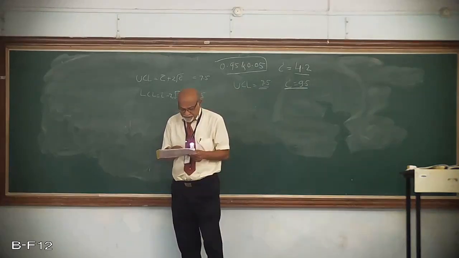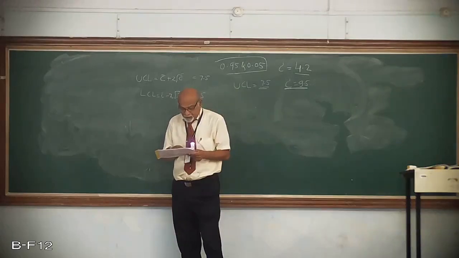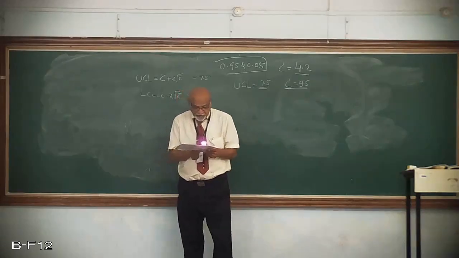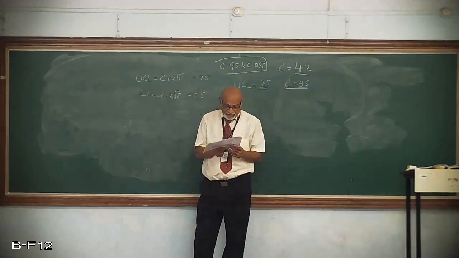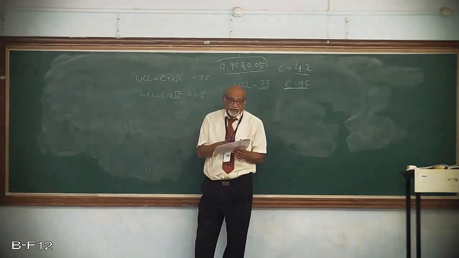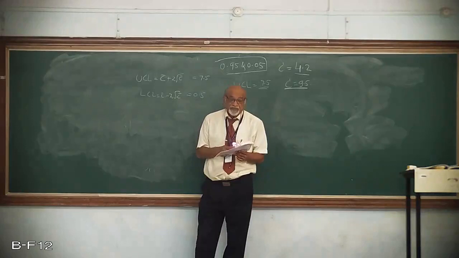So this 0.95 value for C prime equal to 9.5 is between 14 and 15 defects, because under 14 it gives 0.940 and under 15 it gives 0.967. So in between, approximately, for 9.5 it is around 14.5.